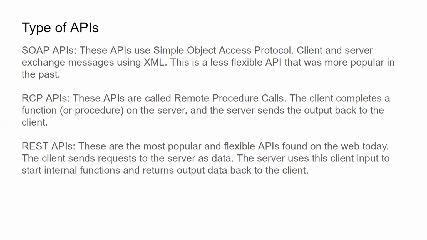SOAP stands for Simple Object Access Protocol, which exchanges information or messages between the client and server using an XML format. This API was widely used previously, but now we mostly use REST API due to its simplicity. But there are still systems that use SOAP APIs.